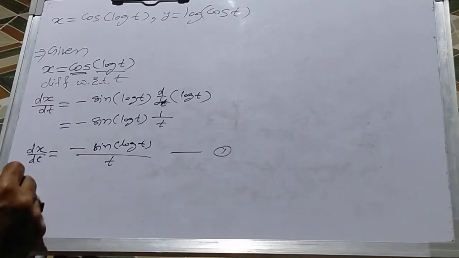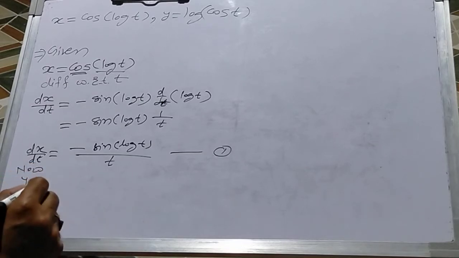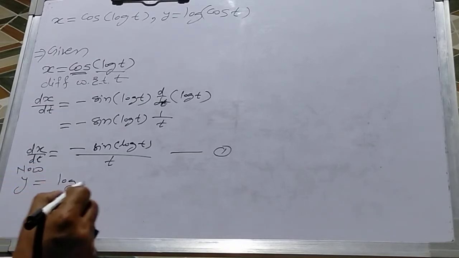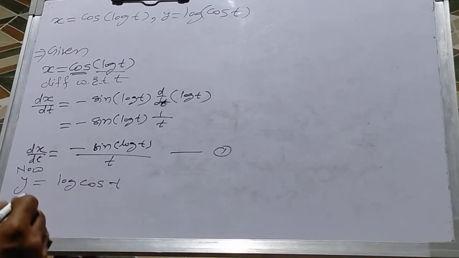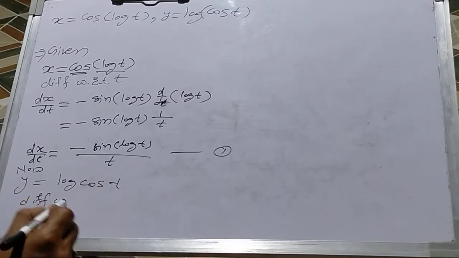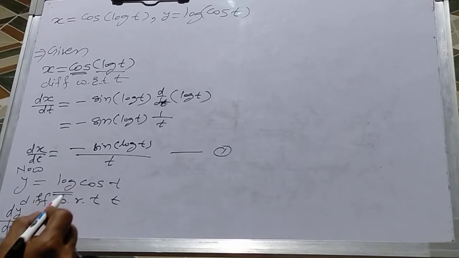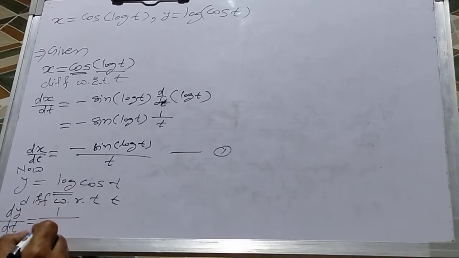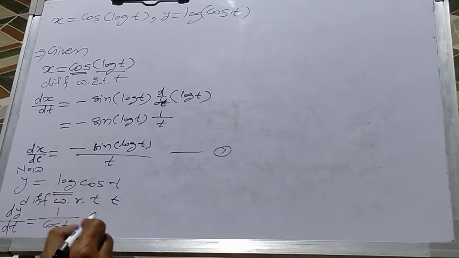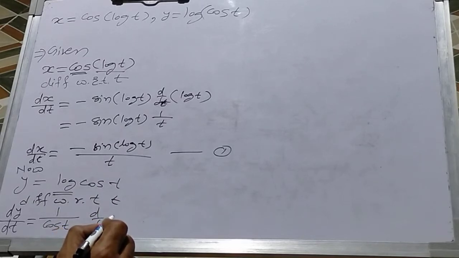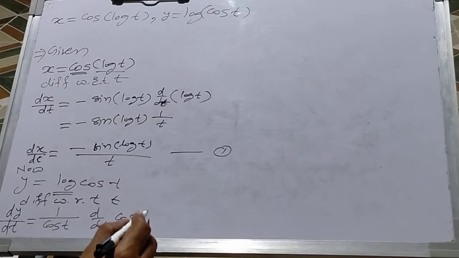Now y is equal to log of cos of t. So differentiate with respect to t. So the derivative of y with respect to t, dy by dt, is equal to the derivative of log, which is 1 divided by cos of t, into the derivative of cos of t.